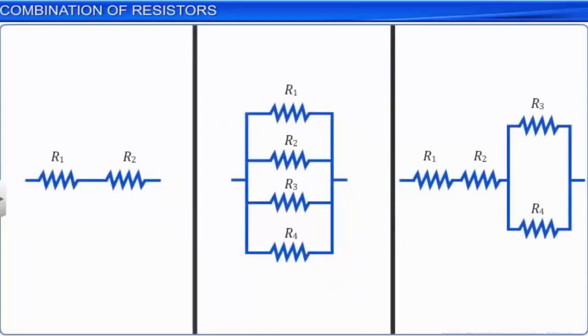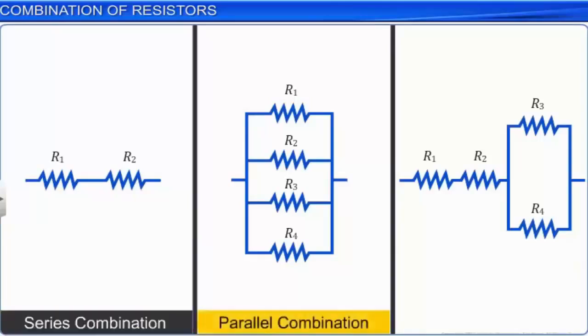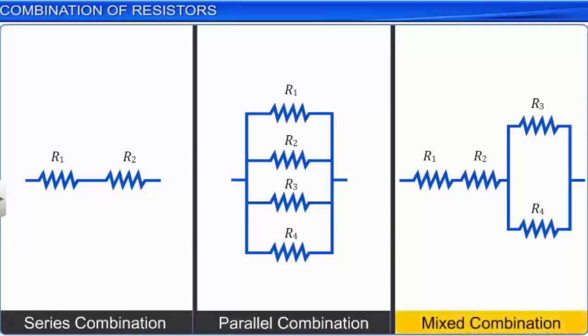Resistors are joined together to form various types of combinations to obtain the required resistance in the following three ways. 1. Series combination, 2. Parallel combination, and 3. Mixed combination made up of both series as well as parallel combinations of resistors.